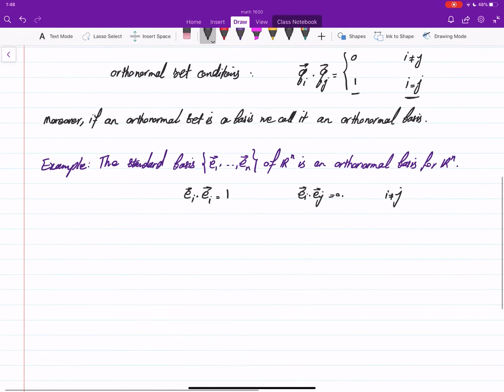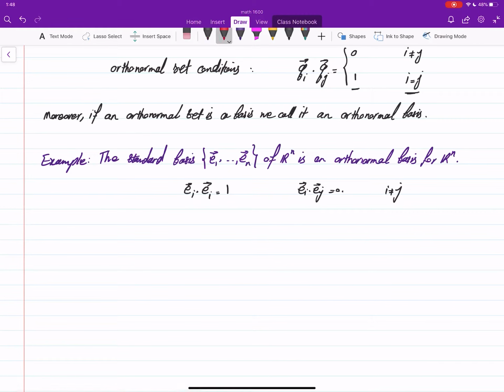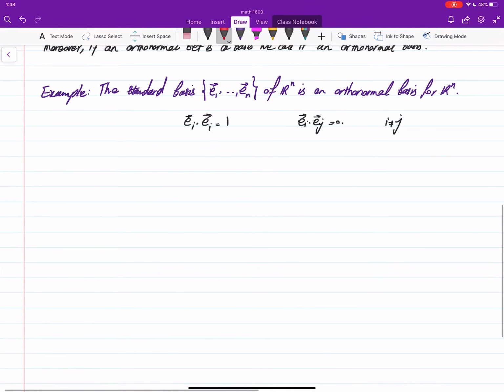Well, finding an orthonormal set, the main part will be based on the orthogonality part. And we can always construct an orthonormal set out of an orthogonal set.